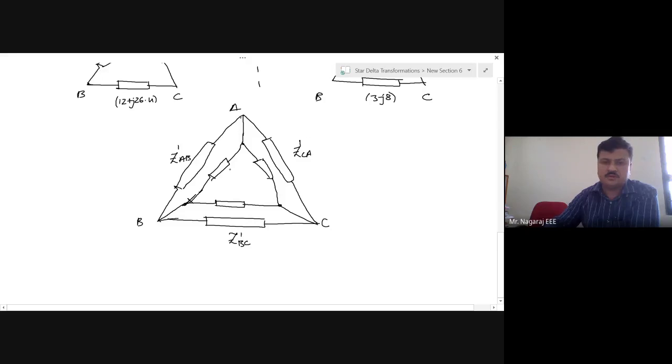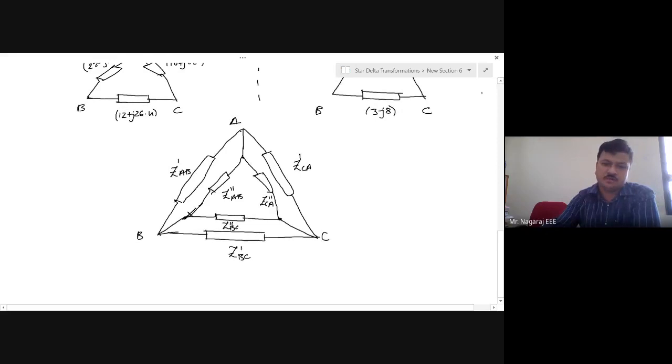It can be double dash also. If that is double dash, here it will be single dash. ZAB double dash, ZBC double dash, and ZCA double dash. Okay. Now, if you take parallel of ZAB dash and ZAB double dash, ZBC dash and ZBC double dash, ZCA dash and ZCA double dash, you will get the delta equivalent of the circuit given.